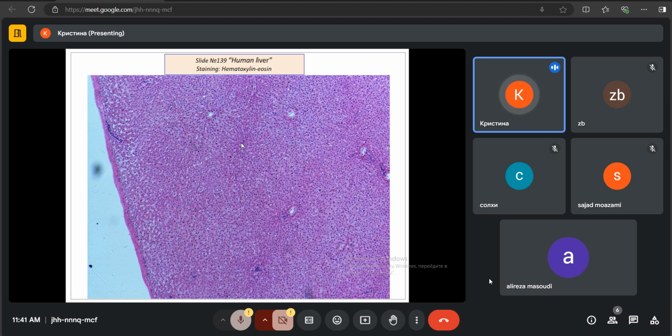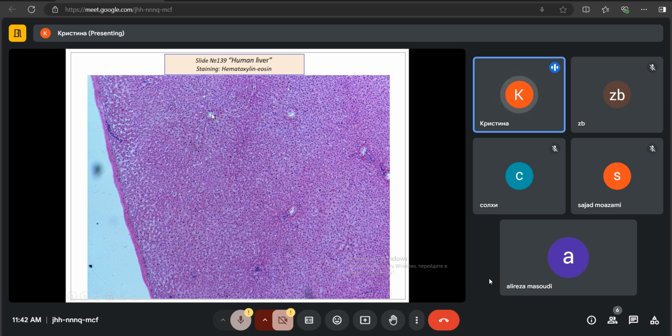In pathological conditions such as fibrosis and cirrhosis of liver, the amount of connective tissue increases largely, and the borders of lobules become very well seen, but not in normal liver.